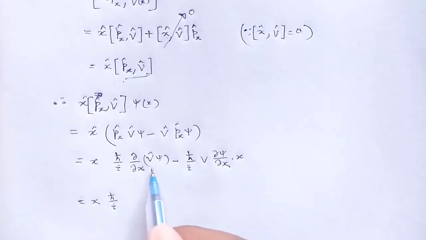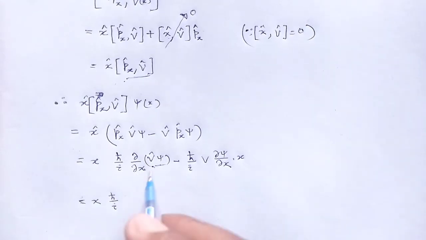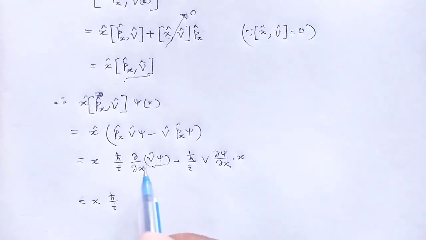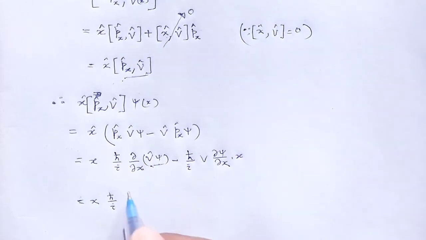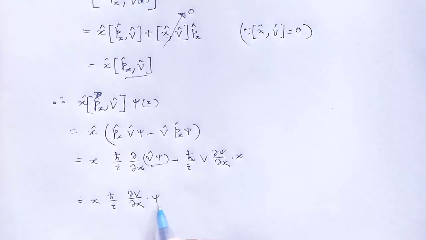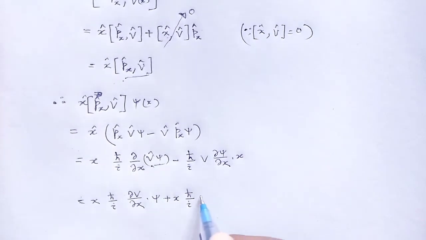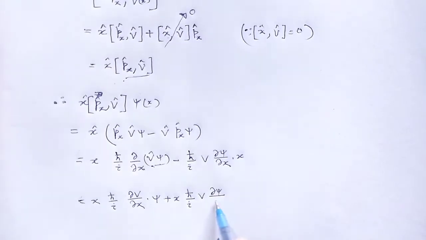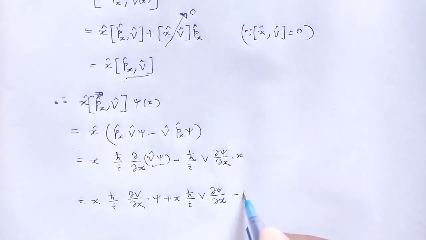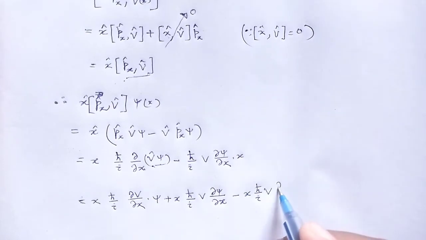i. These two are multiplied with each other, that means we use the product rule of differentiation, del v by del x into psi plus x h cross by i v del psi by del x minus x h cross by i v del psi by del x.